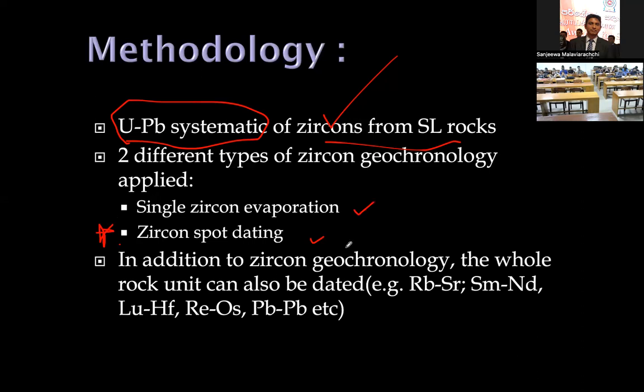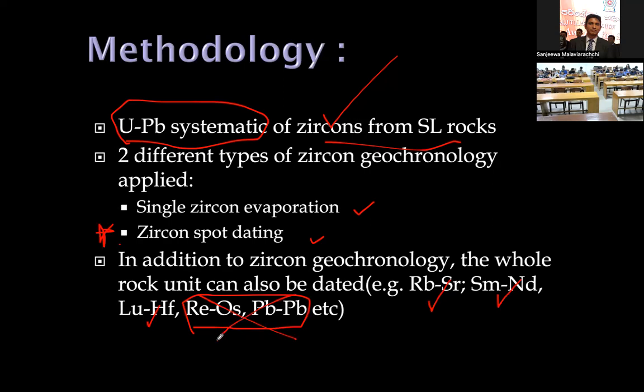In addition to zircon dating, as we discussed last time, there are other isotopic methods: rubidium-strontium, samarium-neodymium, lutetium-hafnium methods. But of course, there are two other methods, rhenium-osmium and lead, but these methods have not been applied for Sri Lankan geochronology.